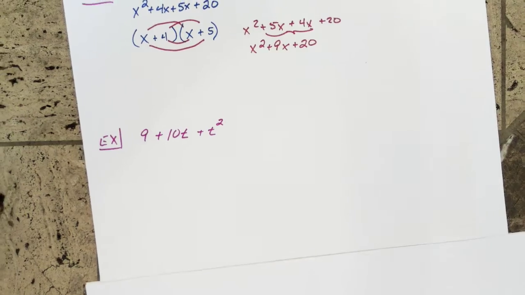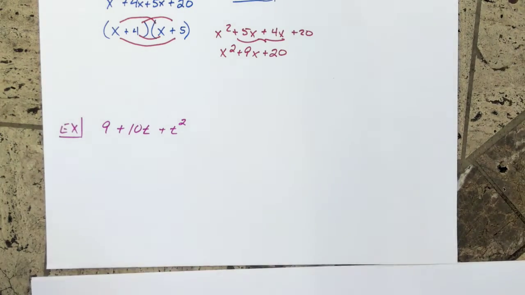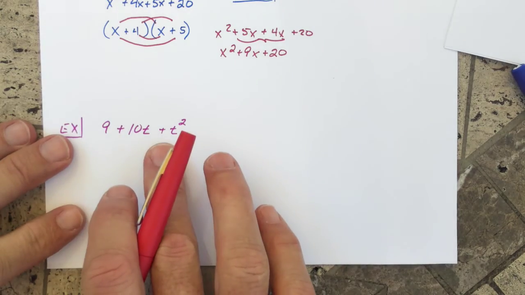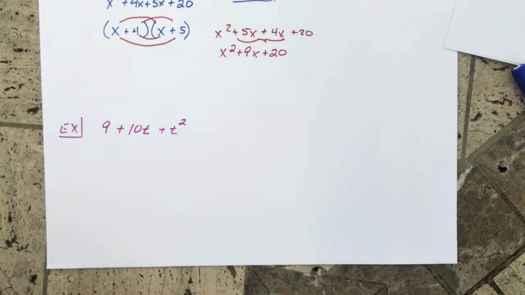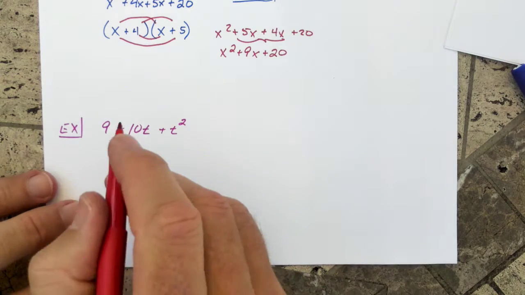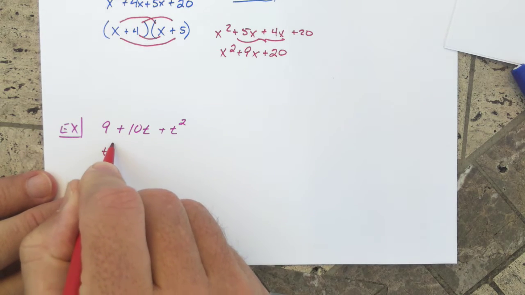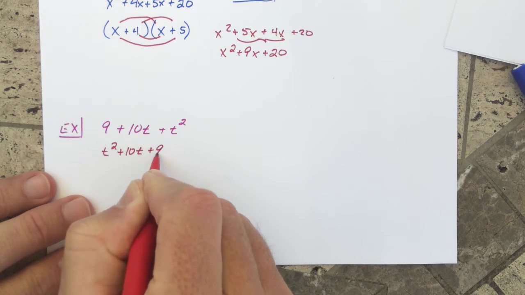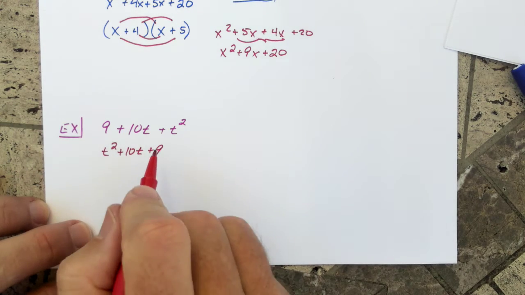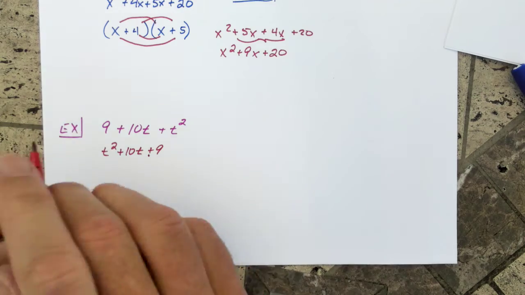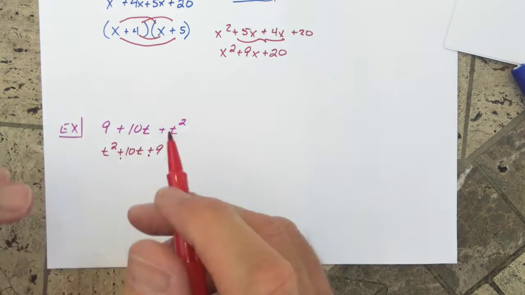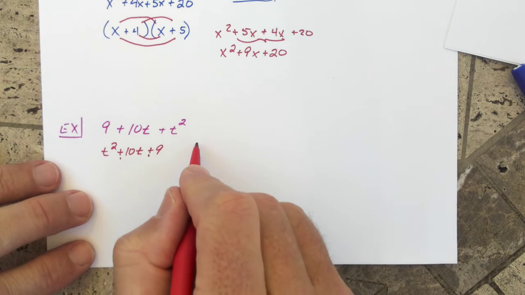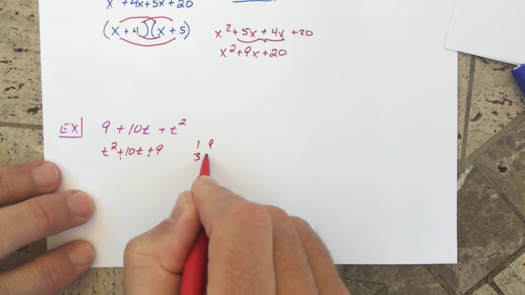Okay, so now look at the challenge we are presented here. And hopefully it's not a big challenge to you, but are we in standard form? The answer is no. So put it in standard form so it makes life easier for us. T squared plus 10t plus 9. Positive, okay? They're both positive, which means I'm only going to use positive factors of our constant. 1 and 9, 3 and 3.